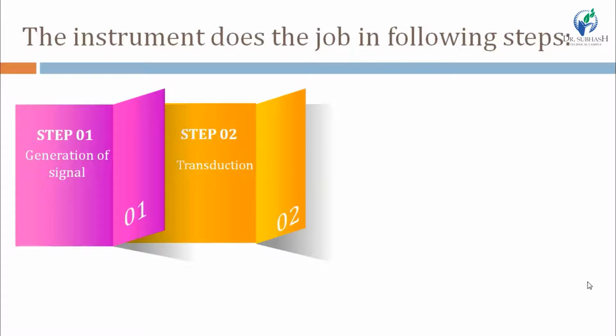Then the second step is transduction. Transduction means transformation of a signal from one form to another form. This transduction is performed when the signal generated is not in a form observable by the instrument, so that signal is transformed from one form to another.